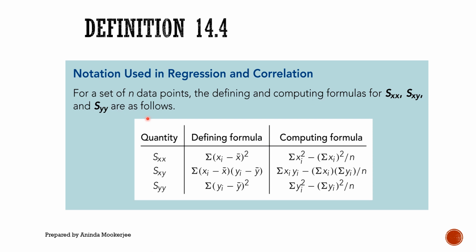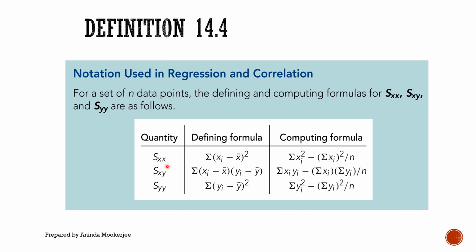However, before going into that, we'll talk about some quantities which you will see in the formulas for the slope as well as for the intercept. Those quantities are S sub xx, S sub xy, and S sub yy. Let's quickly talk a little bit about what they represent.